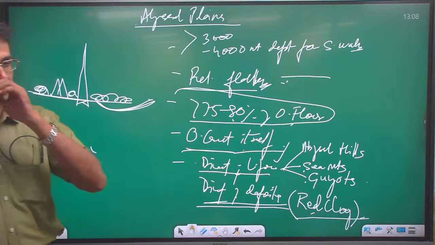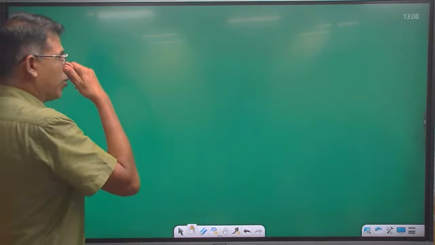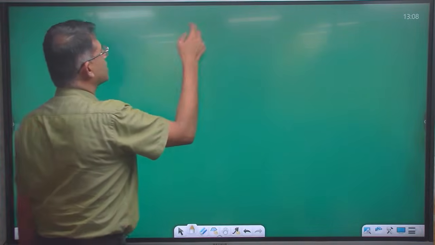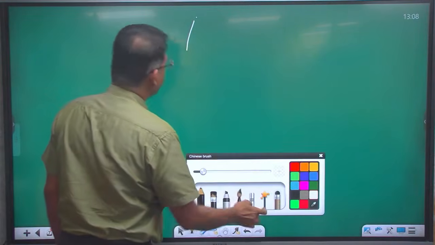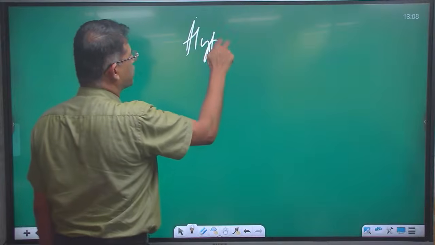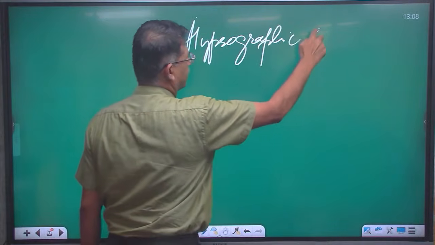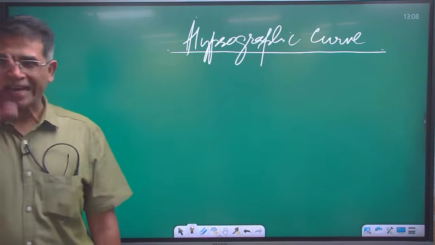Now that you have a sense, let me give you one concept. We don't need it, but you might as well at least know this. There's something called the hypsographic curve. It is a type of graphical representation.